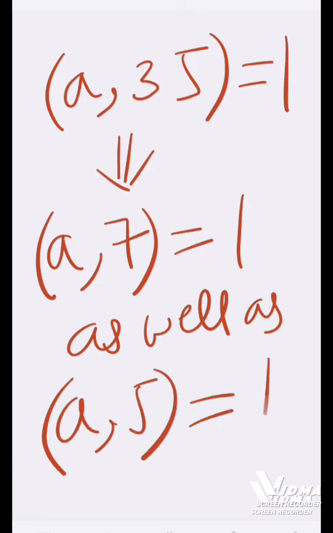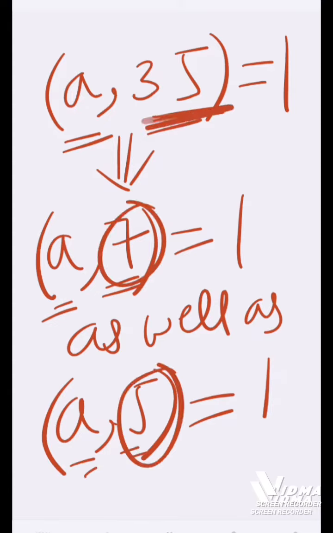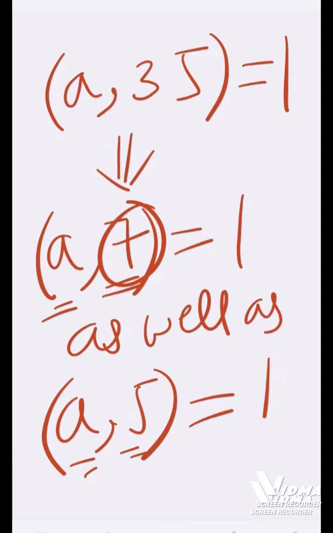Why? Because if we have nothing common in a and 35, then how can we have something common in a and 7, and a and 5? Because 7 and 5 are nothing but the factors of 35. So basically, the above thing clearly implies these two things, right?